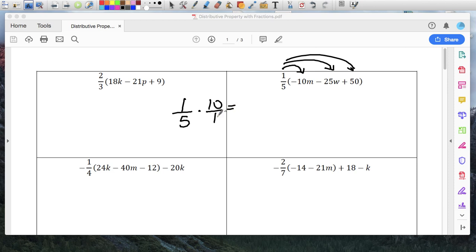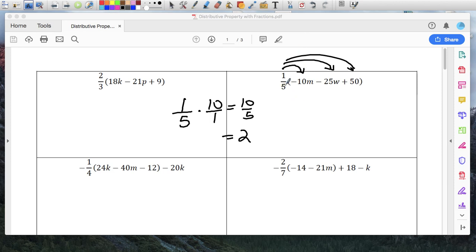If you think about it the long way, 1 times 10 is 10, 5 times 1 is 5, so you're literally dividing 10 by 5. So 1/5 times negative 10n would just be 2. You can multiply by 10 and then divide by 5, or divide 10 by 5 and then multiply by 1. It's really up to you.